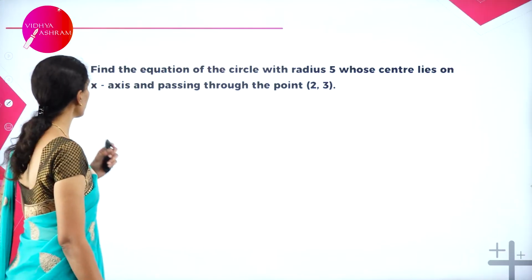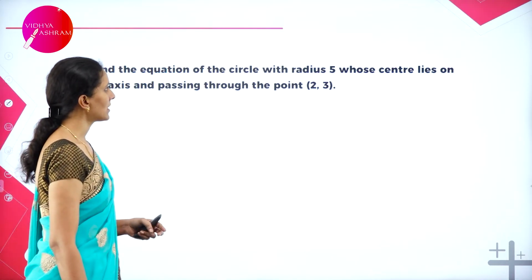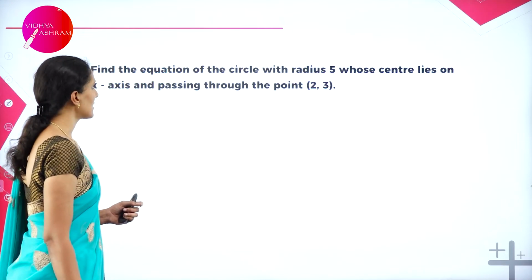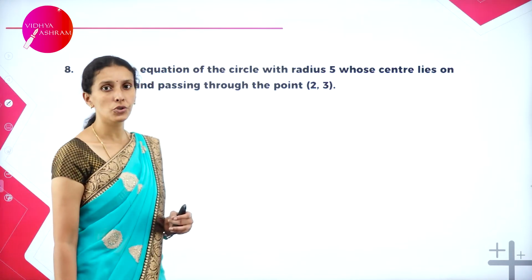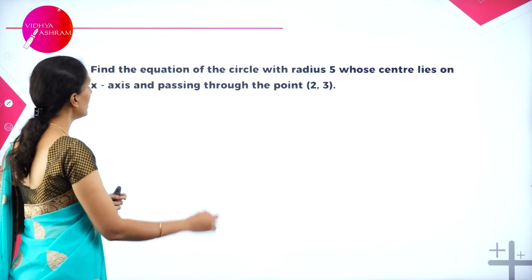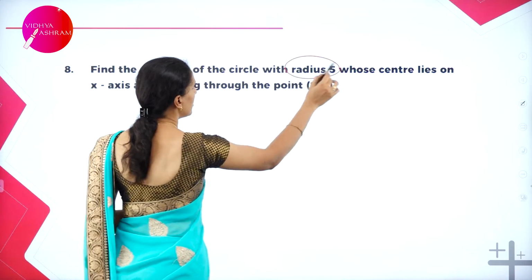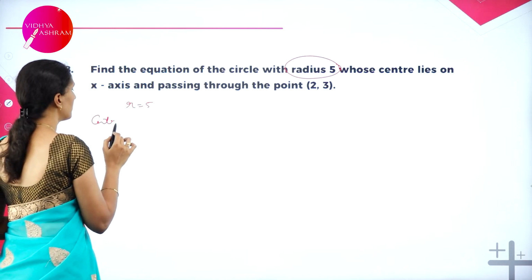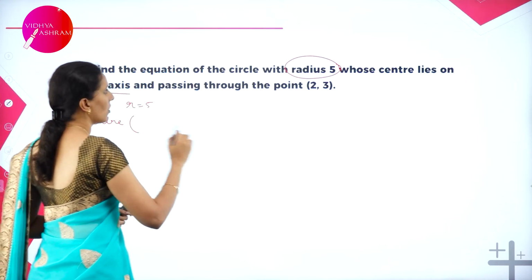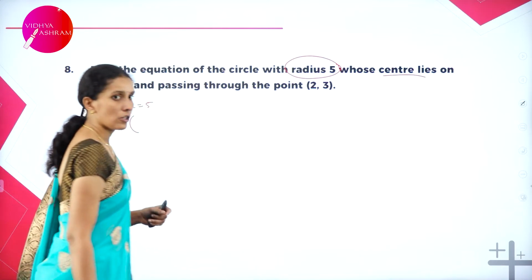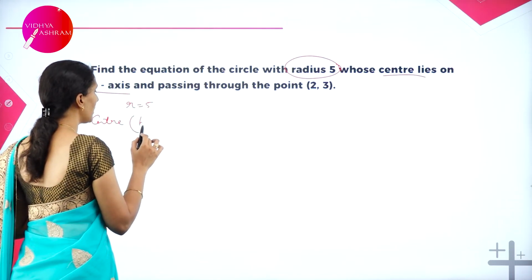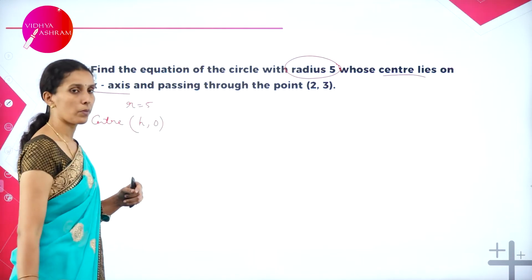Next, find the equation of the circle with radius 5 whose center lies on the x-axis and passing through the point (2, 3). So here the radius is given, so r = 5 and the center lies on the x-axis. On the x-axis the y value is 0, so it will be in the form (h, 0).